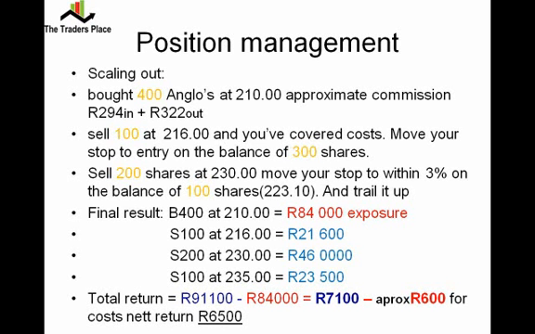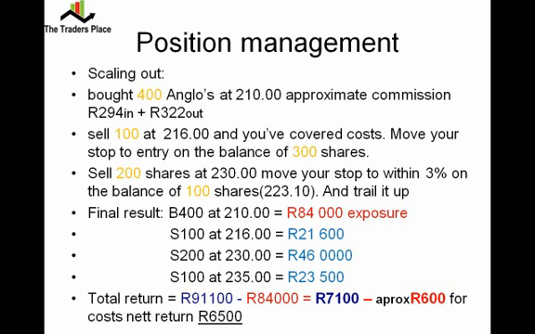And I thought I would put in some position management, how to take profit. Scaling out is just one way to do it. Now remember, we bought 400 Anglos at 210 Rand a share. The approximate commission at 0.35% is a total of around 600 Rand.